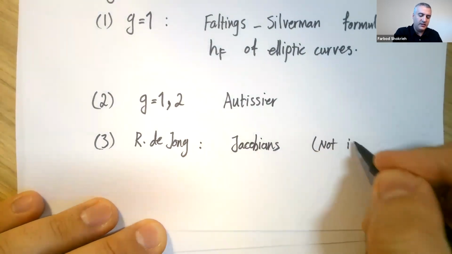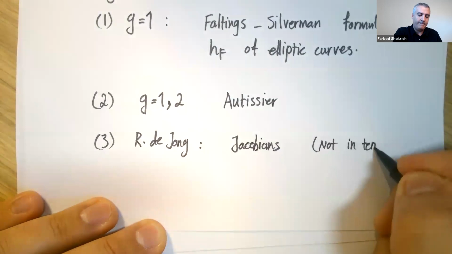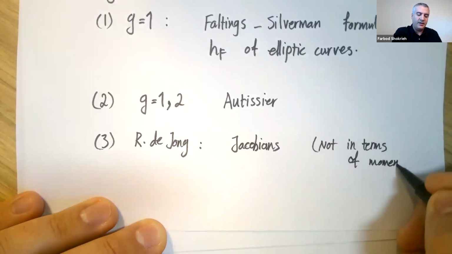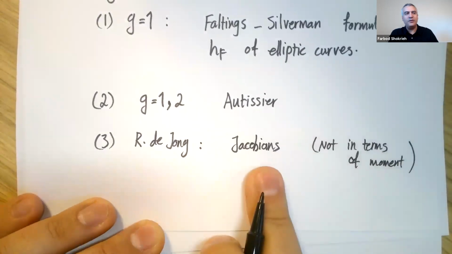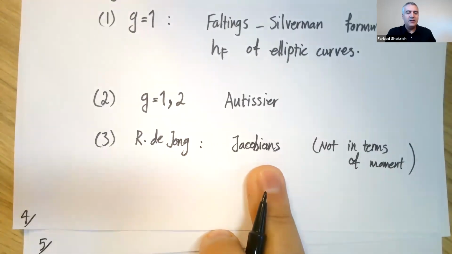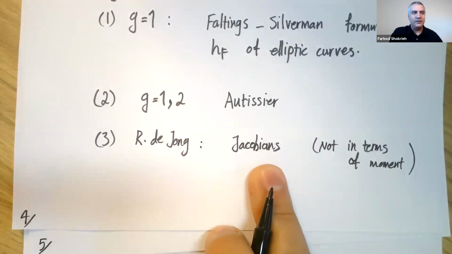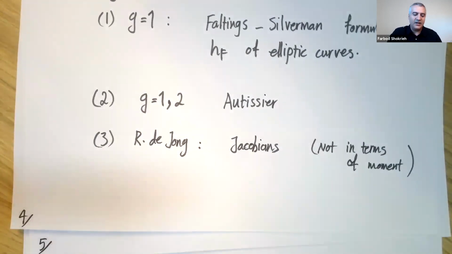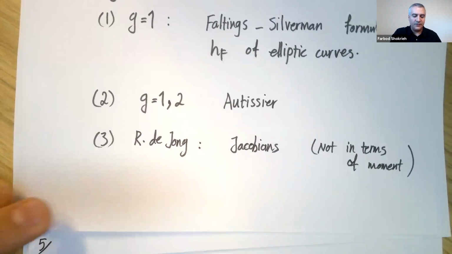Rather, you have a Jacobian, so you have an associated curve. Over some places, that curve might have bad reduction, then you get some combinatorial picture that can help you do some computations. And the computations were in terms of that combinatorics.